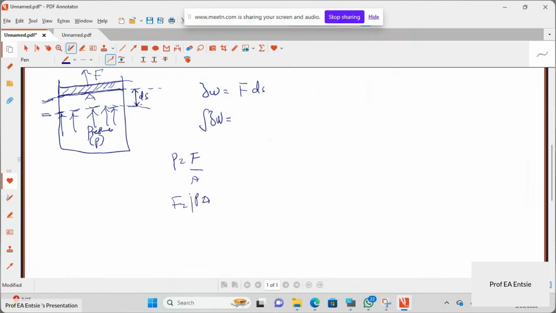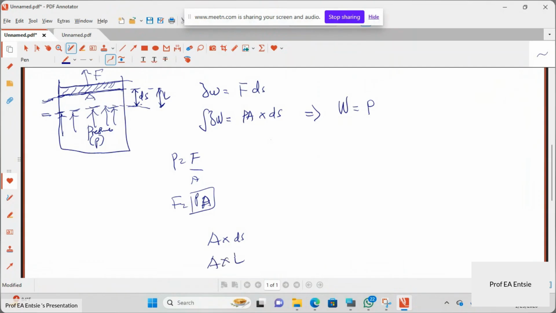So here it will be P times A times S, which will boil down to W equals P times A times S. The S is more or less like an incremental length. We increase it from here to there. So S is a distance, and distance is also a length, so instead of writing S, it is the same as L.